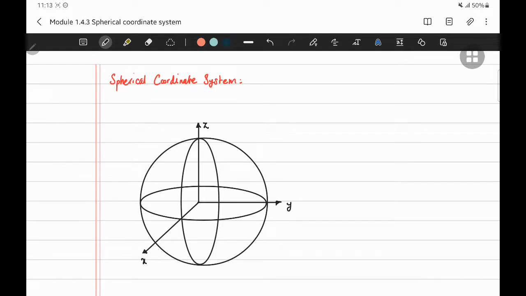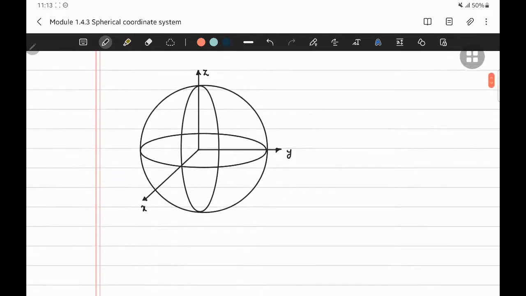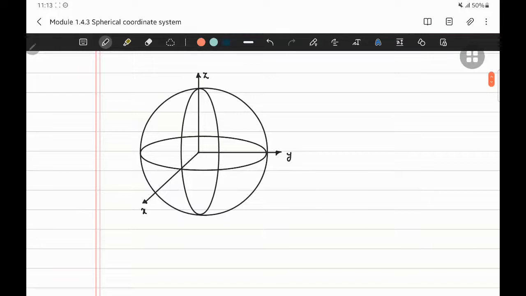the spherical coordinate system. So for this, I prepared a figure here where we have our x, y, and z coordinate system. And we have a sphere here, so I tried to put two ellipses here to illustrate that we are dealing with a sphere.